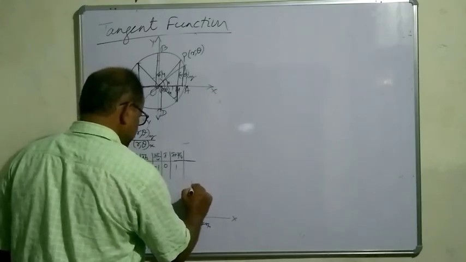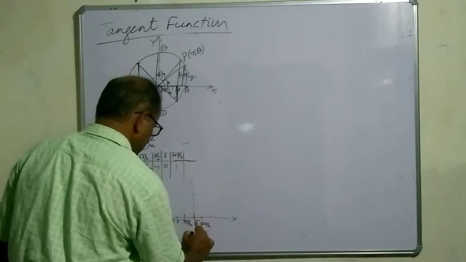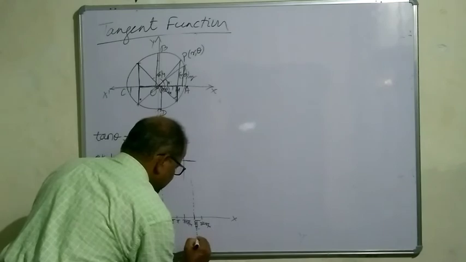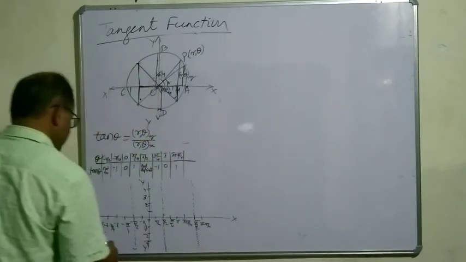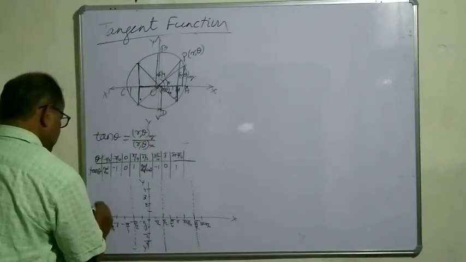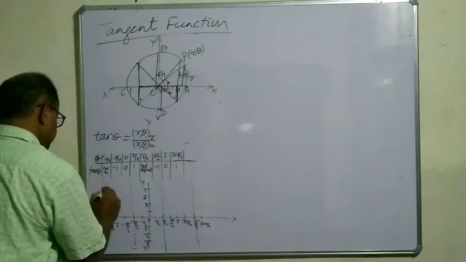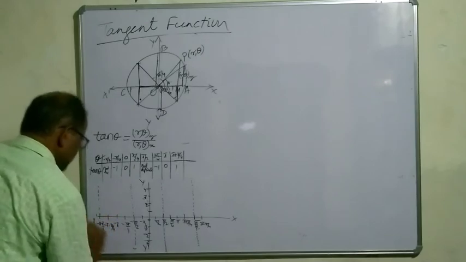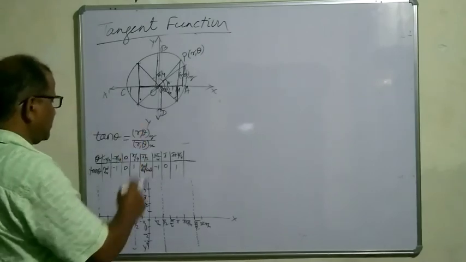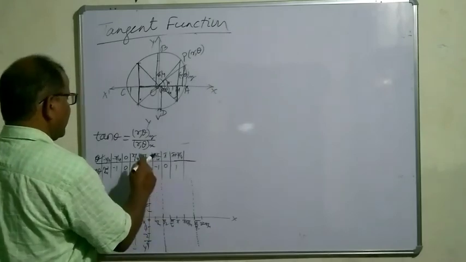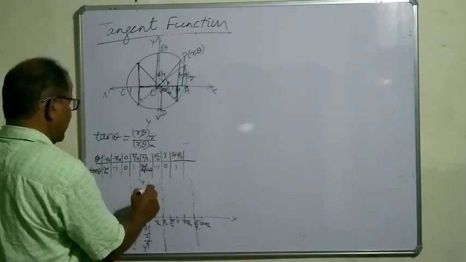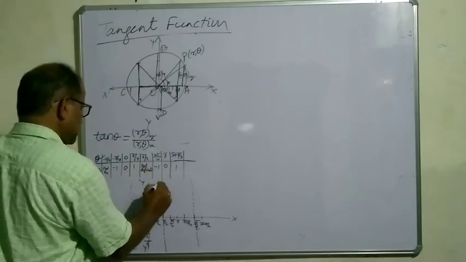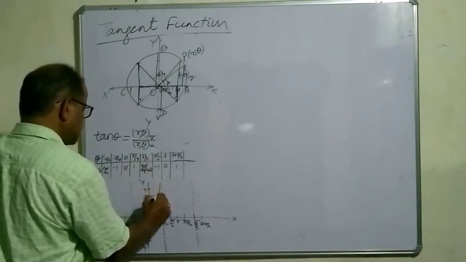That means when the point is on the y-axis, right? And here the point is this. Right? And if you draw the curve, you see at pi by 2 not defined, and before that it is highly positive. That means it will be like this.